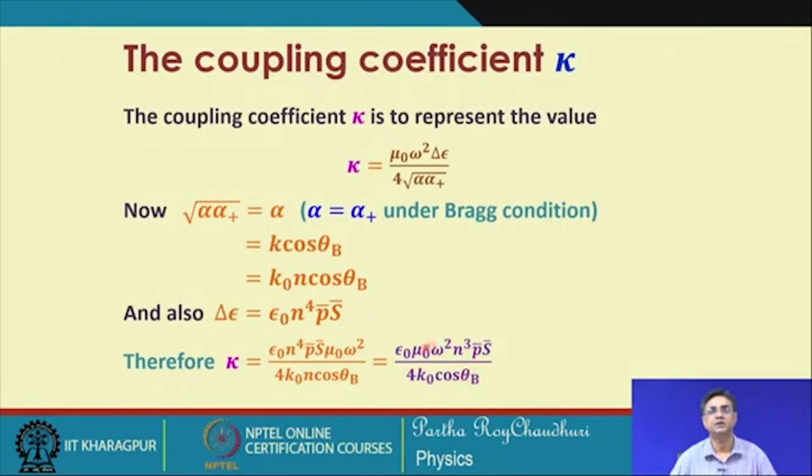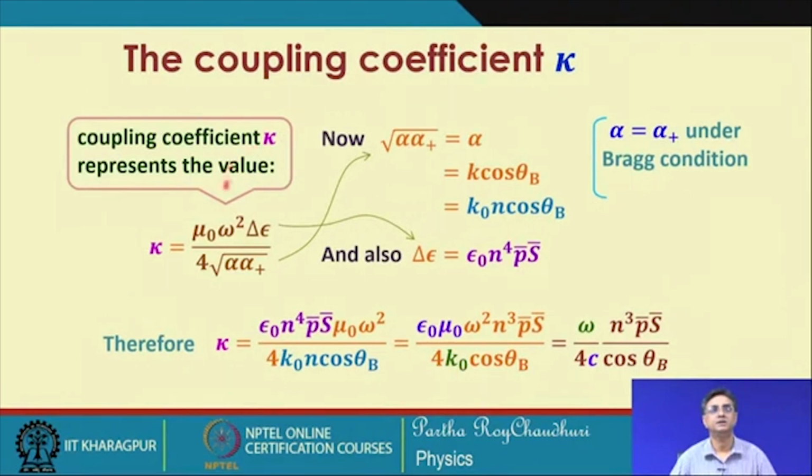So, utilizing this we can write down this kappa coupling coefficient, where mu naught, epsilon naught and omega square correspond to k0 square, but this k0 cancels, and you can write omega by c. So, this is the form of the coupling coefficient which is used.